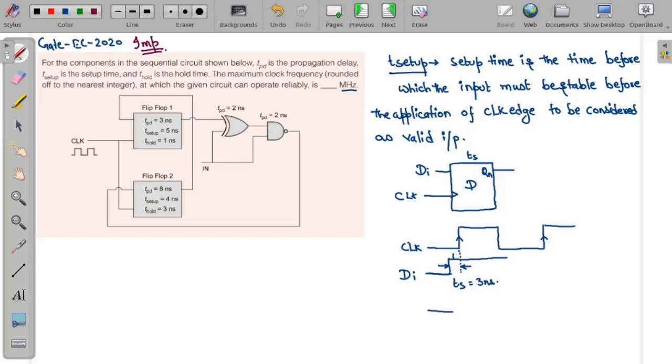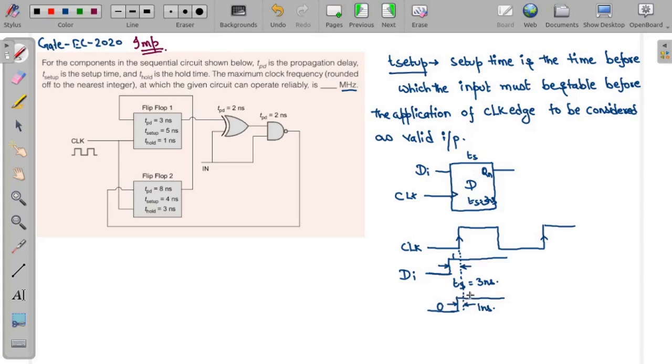Consider if the input transition had stabilized 1 nanosecond prior to the active clock edge, when this circuit has Ts equal to 3 nanosecond, this D flip flop would have considered this input as 0 only.